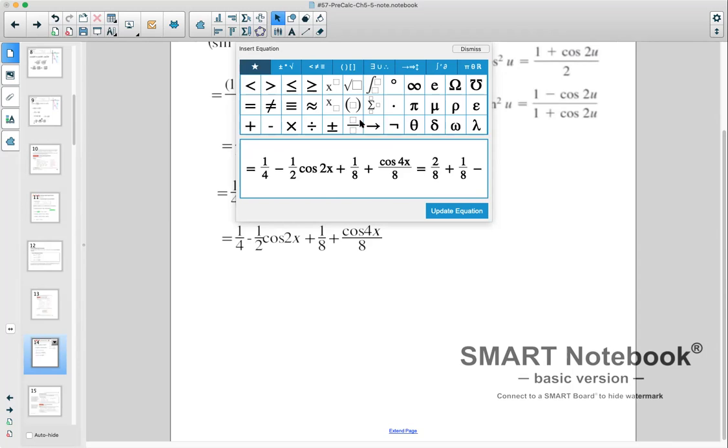Minus half cosine 2x plus a fraction, cosine 4x over 8.